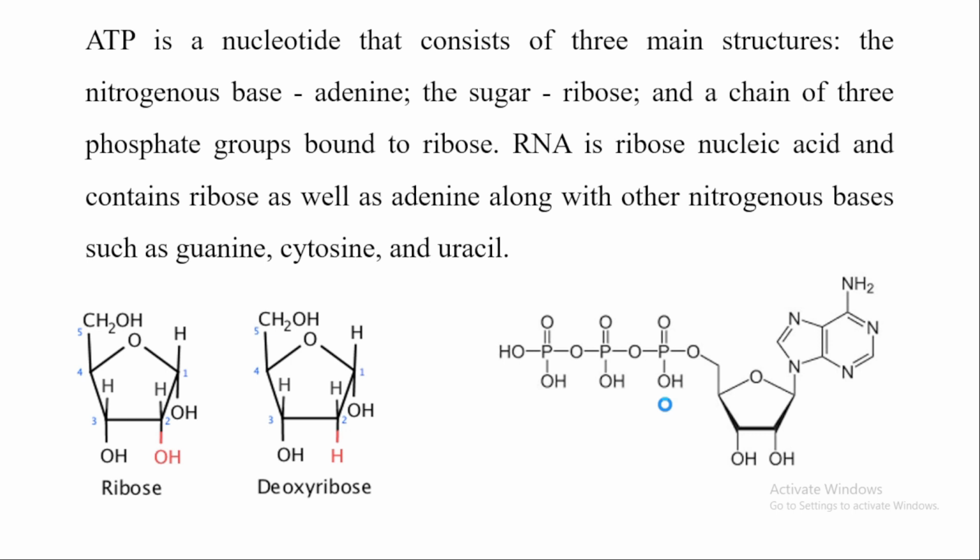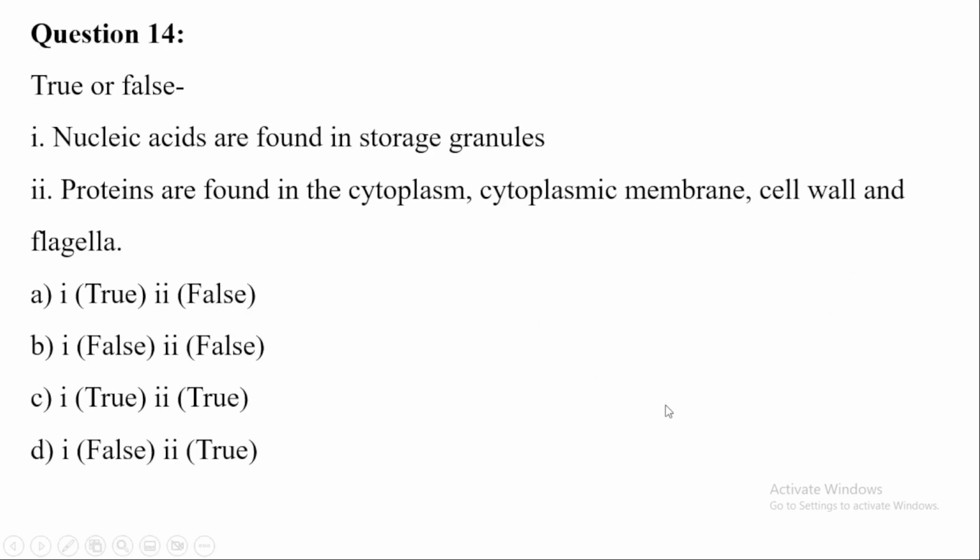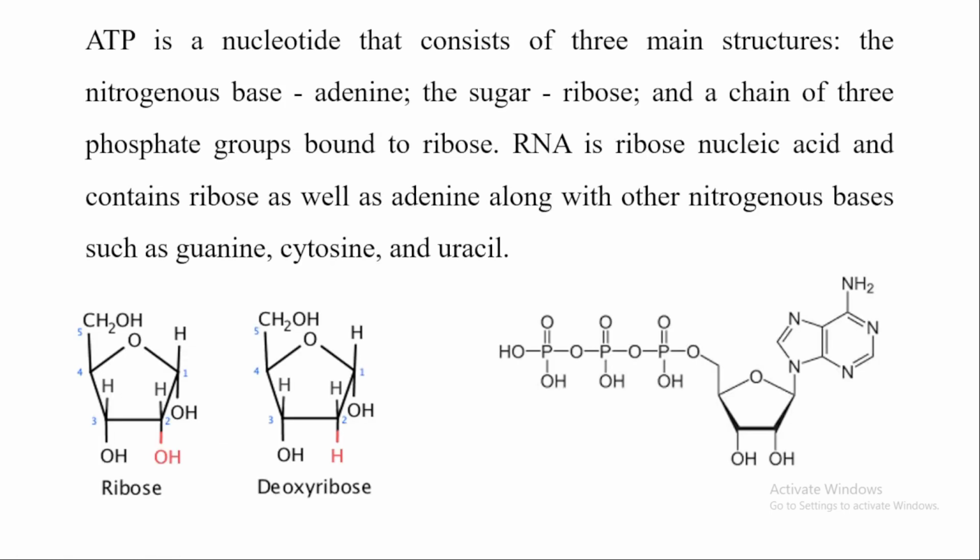Right now it is adenosine triphosphate, so it will become adenosine diphosphate. So basically it is getting reduced from ATP to ADP, from triphosphate to diphosphate, and in turn it is generating energy. It is giving energy to the cells. Okay.